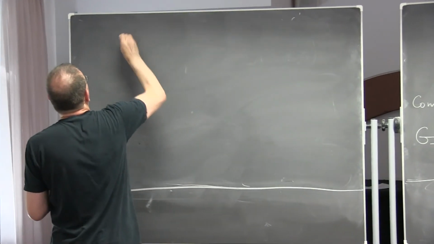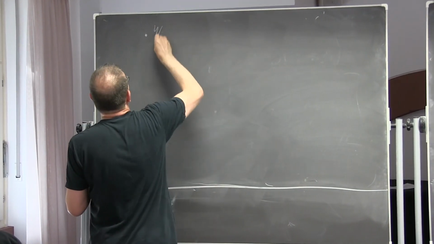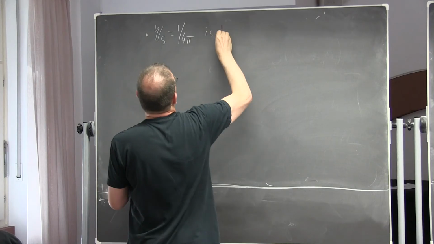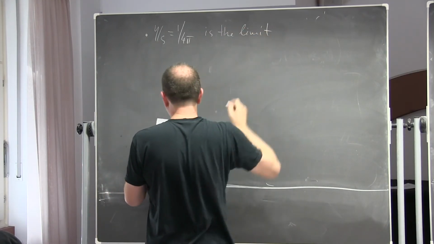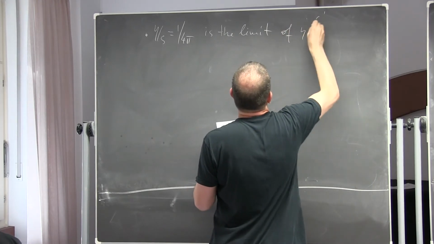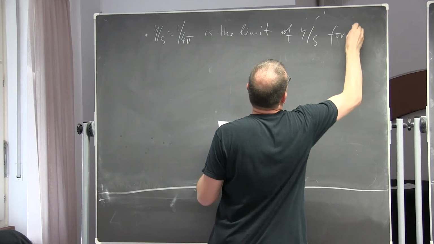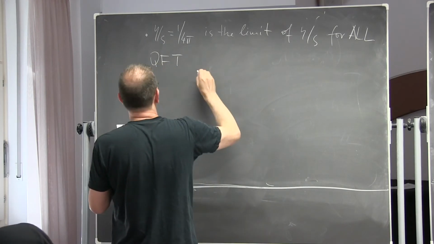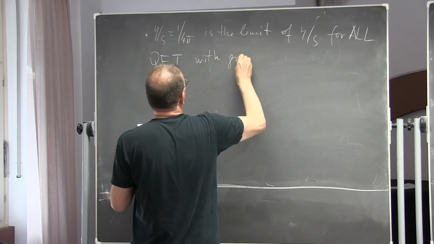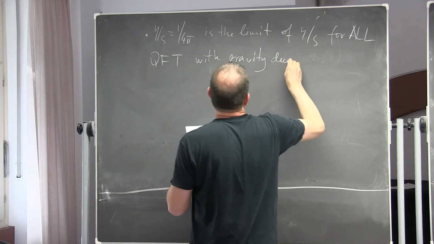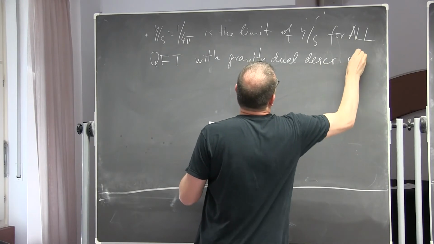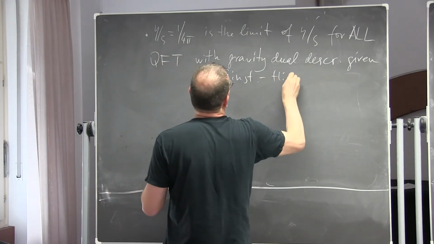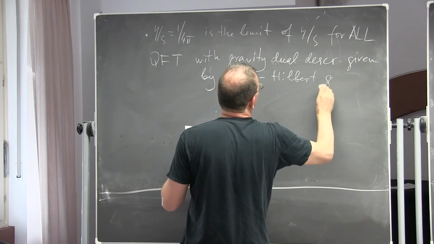Okay, so it happens that this eta over s equal to 1 over 4 pi result is the limit of this quantity eta over s for all quantum field theories with a gravity dual description given by the Einstein-Hilbert action.